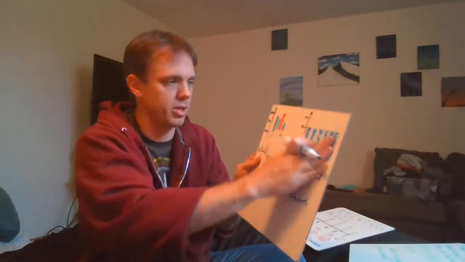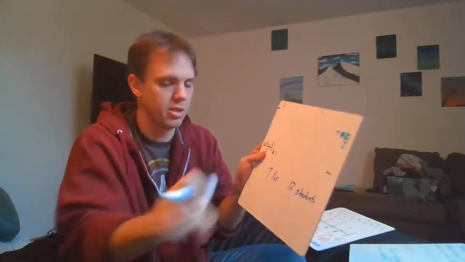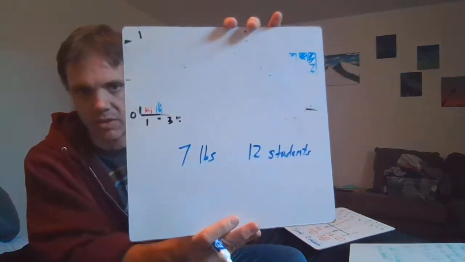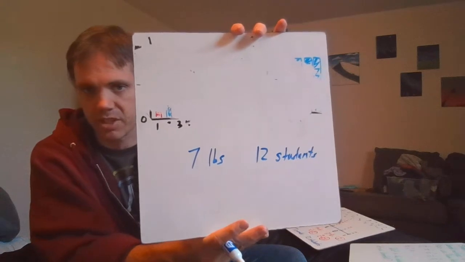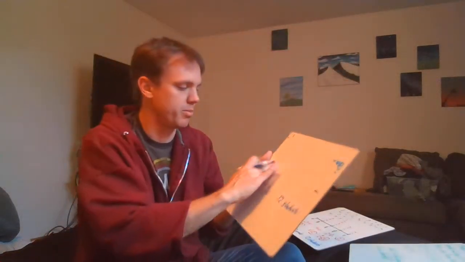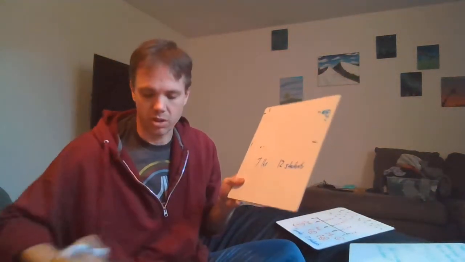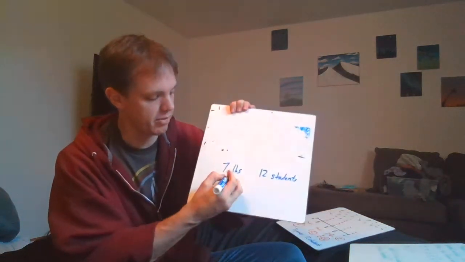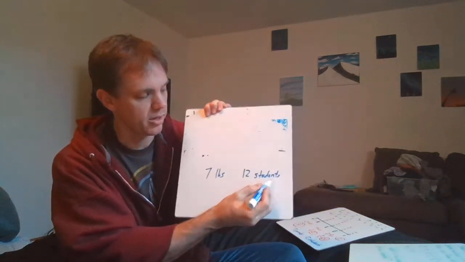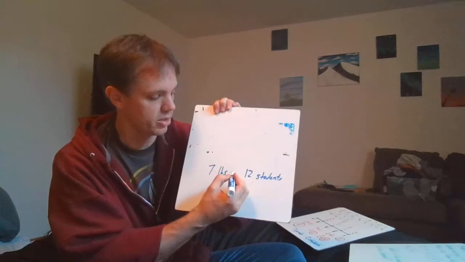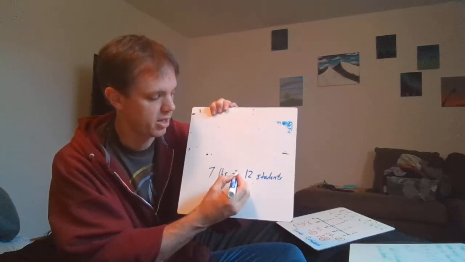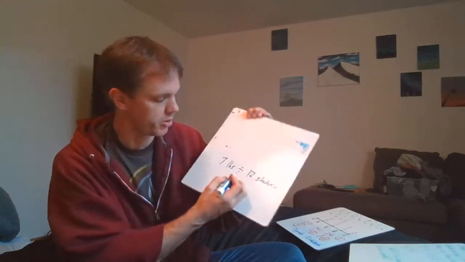That's not important. So we have 7 pounds, LBS is pounds, 7 pounds donated by 12 students. Okay, so we have our total amount, which is 7, and the number of groups, in this case students, is 12. So we're going to divide 7 pounds by 12 students.